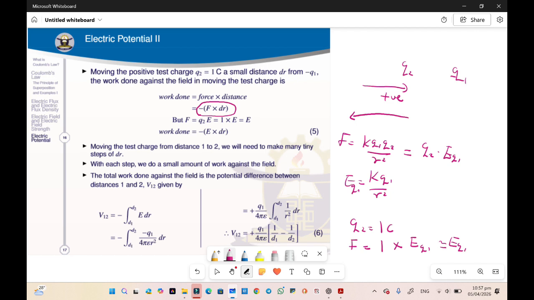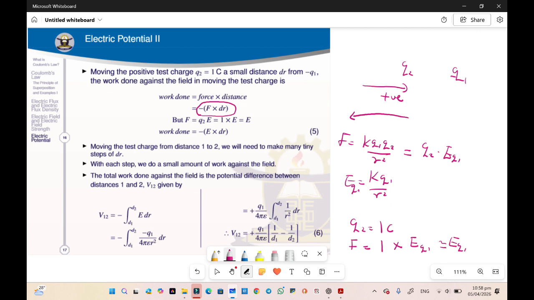We are not saying that the force is equal to the electric field, right? We are just saying that if Q2 is 1 coulomb, then the work done necessary to move that 1 coulomb a certain distance away from the electric field is approximately the magnitude of that electric field because Q2 is equal to 1 coulomb.